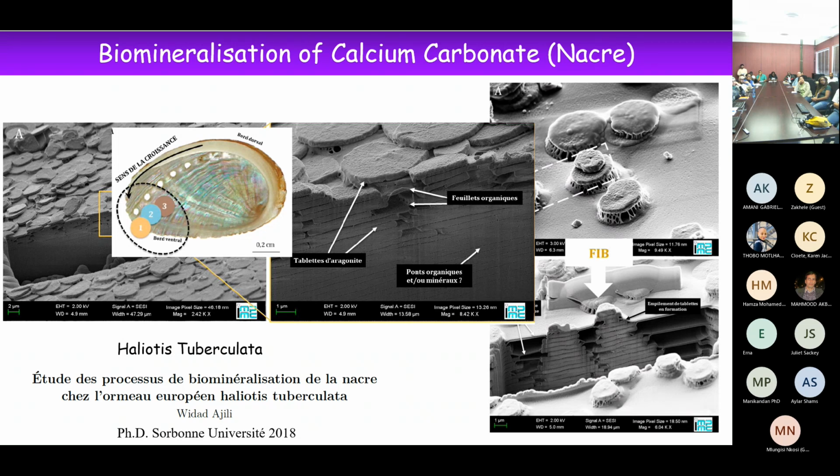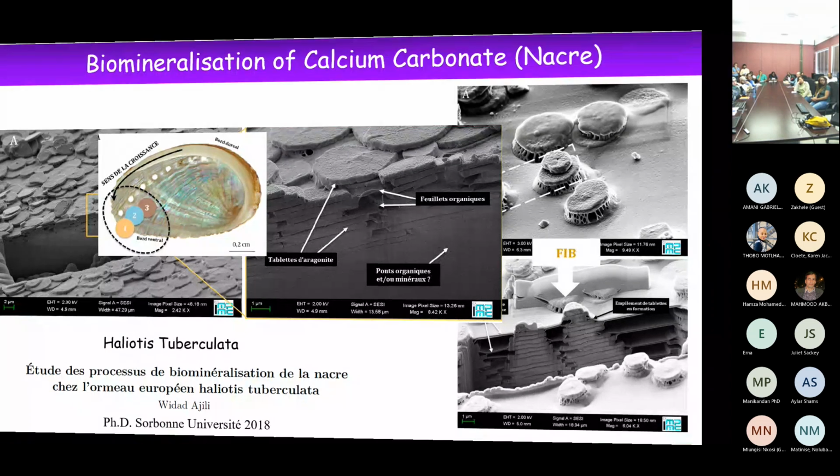Well, you can see in this recent PhD sequence from the Sorbonne that the structure of nacre is extremely fancy. You can see that it's really made of very nice organic layers. And then you have a sequence of tablets which are formed on top of the organic material.